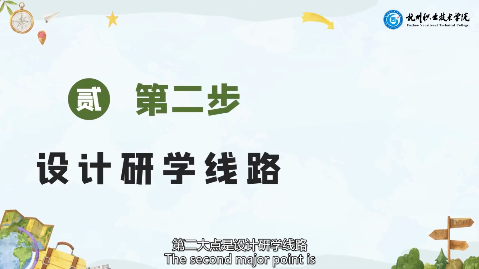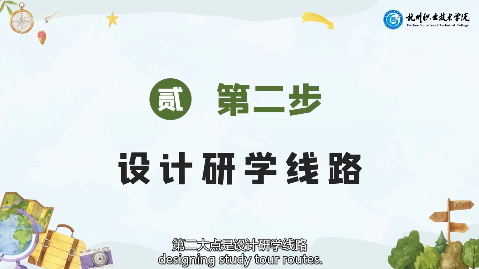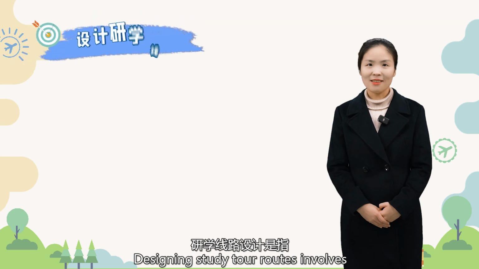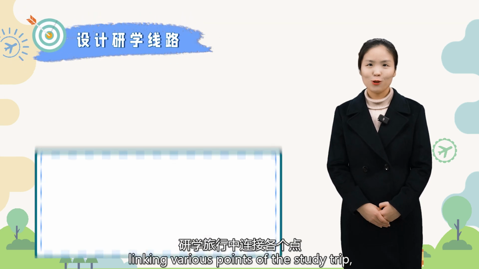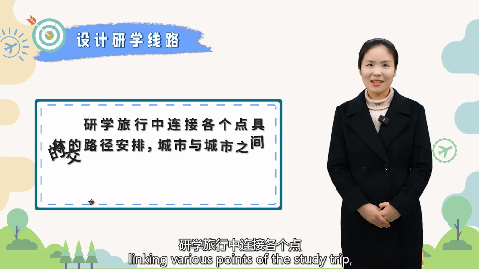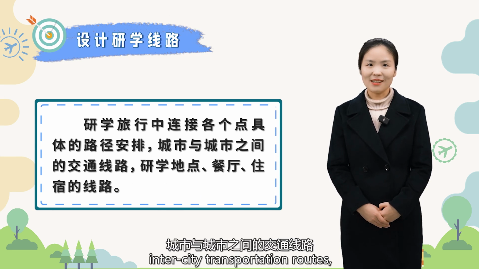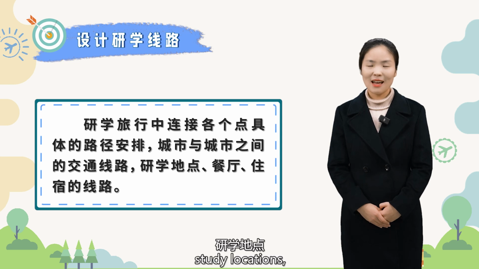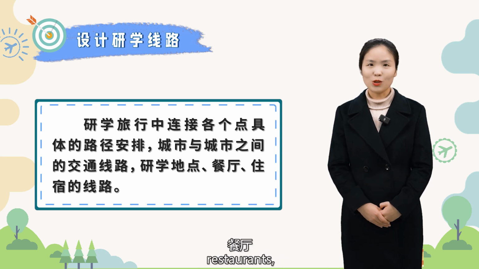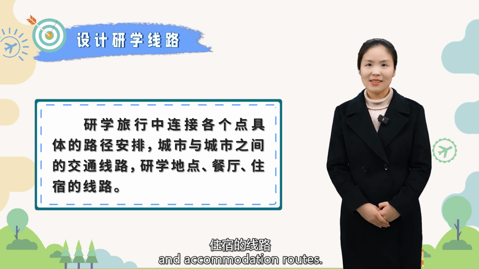The second major point is designing study tour routes. Designing study tour routes involves linking various points of the study trip: specific route arrangements, intercity transportation routes, study locations, restaurants, and accommodation routes.